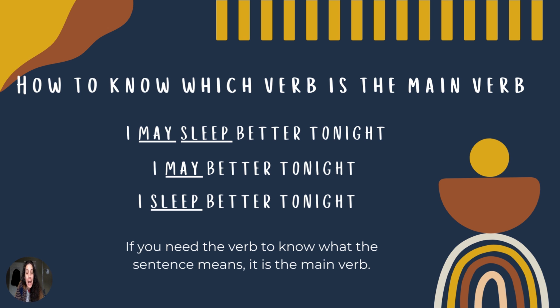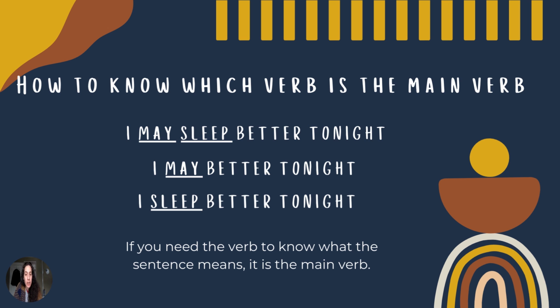Whereas if we look at I sleep better tonight, it may not sound pretty, but I see that there is a complete thought. I sleep better tonight. I don't have any questions when I read that sentence. I can understand at least what that writer is trying to say.